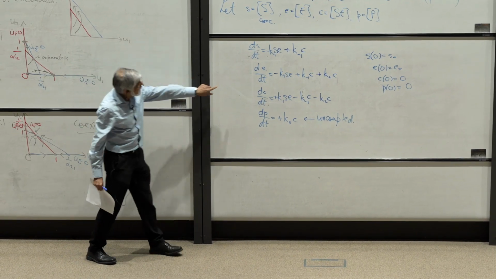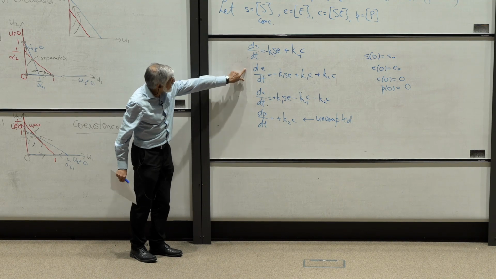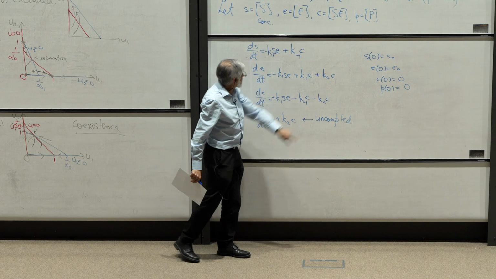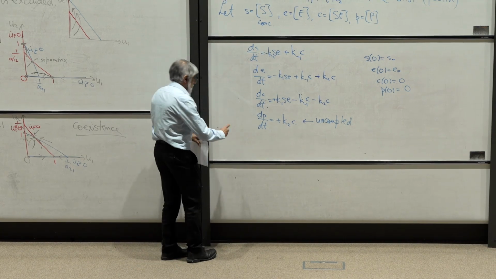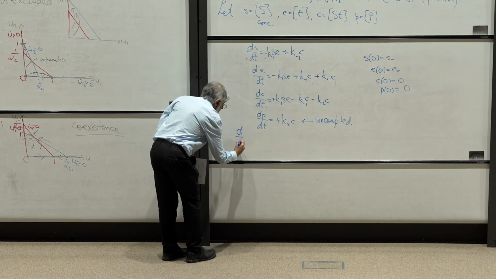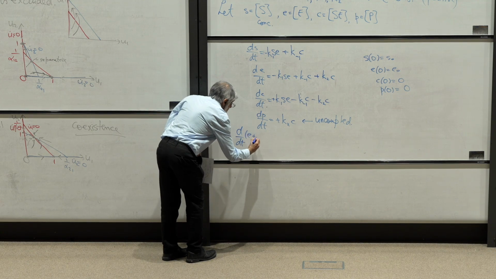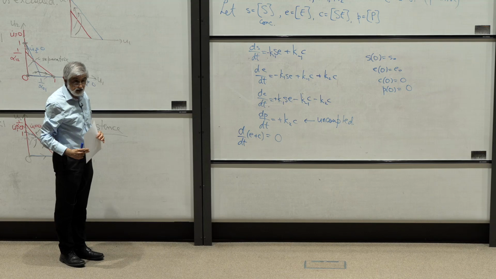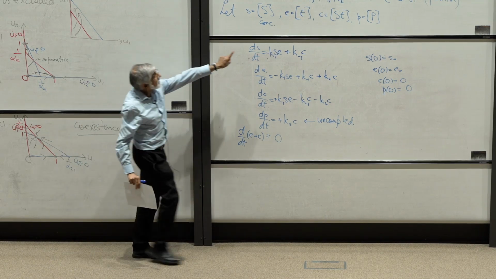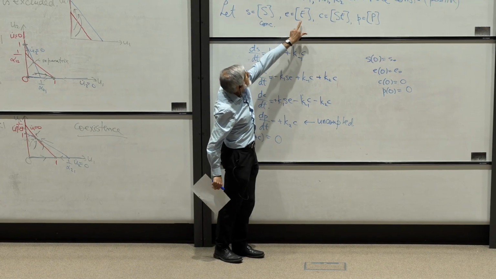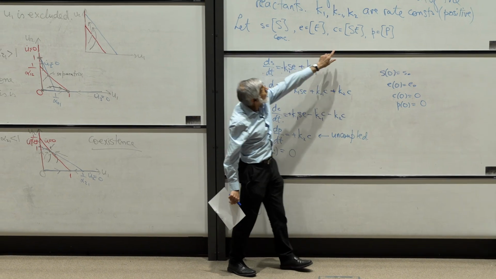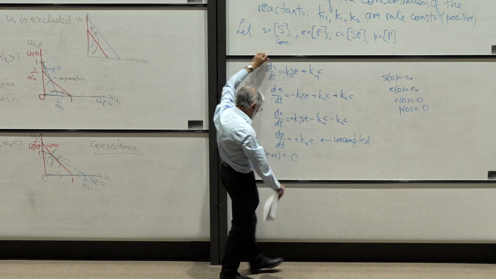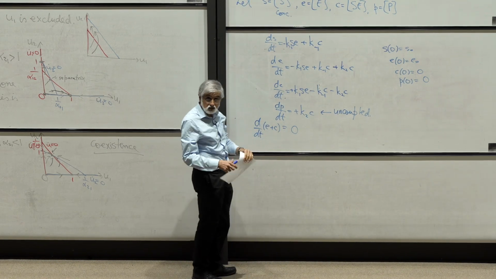But look, if we added these two, they cancel, so that's conserved because the enzyme can either be E or it's with C. So this is conservation of enzyme.